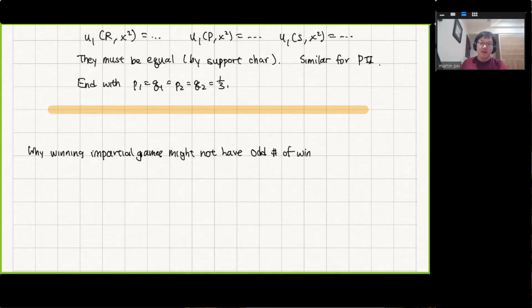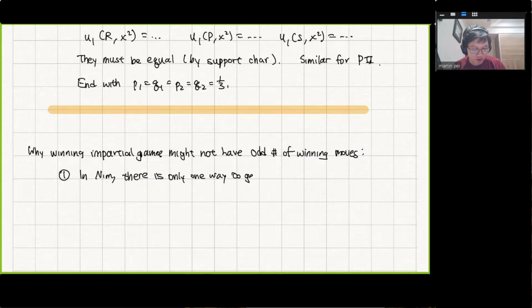The first reason is that in NIM there is only one way to get a pile to 0. It's a very simple game: if you want to move to 0, you just remove the whole pile, or move to another star k, for example. So there's only one way to get to a pile of 0.